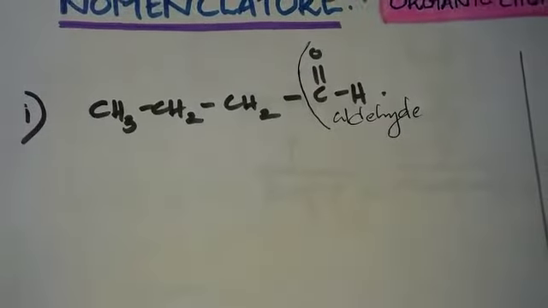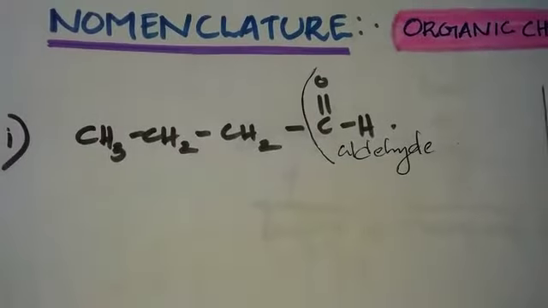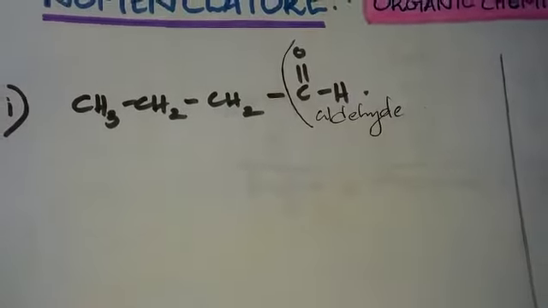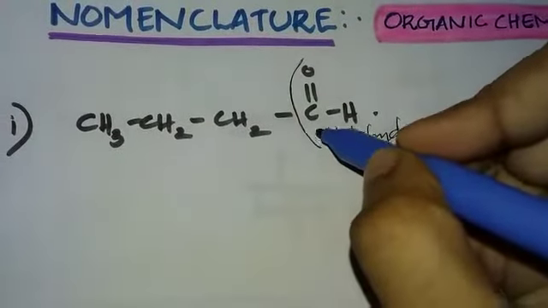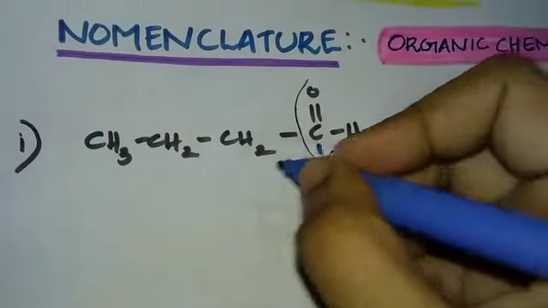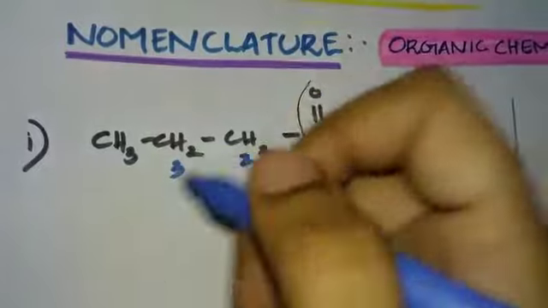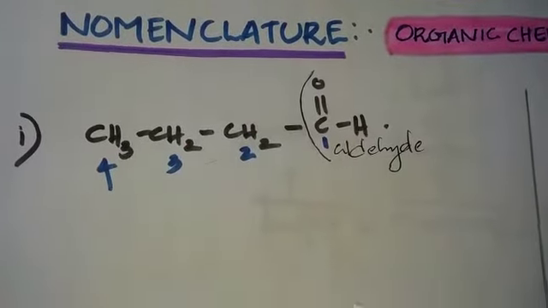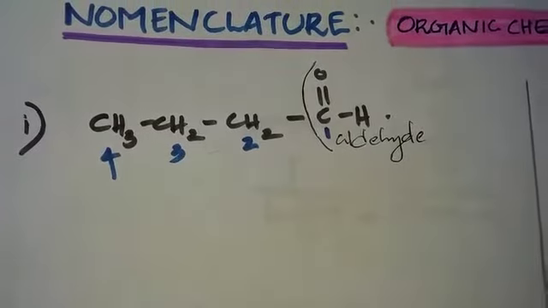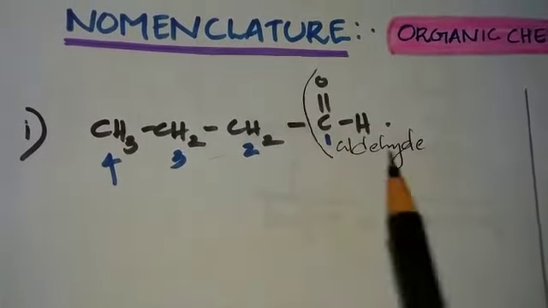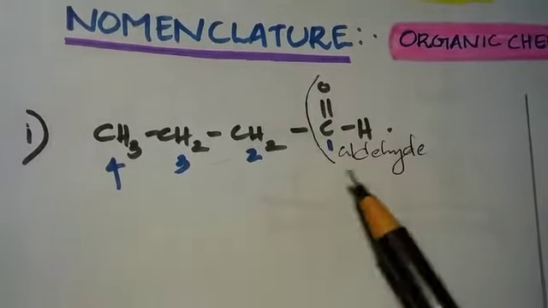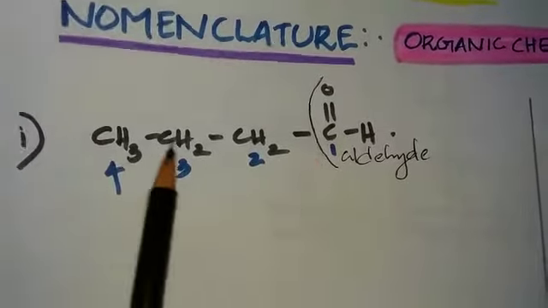So we have to give priority to the functional group first. We have to number the carbon containing the functional group, that is from here 1, 2, 3, 4. Now we can name the compound. There is no prefix, there is no branch in this compound.